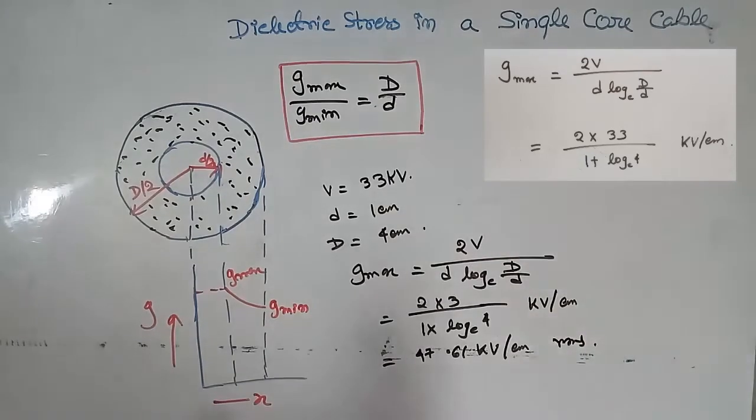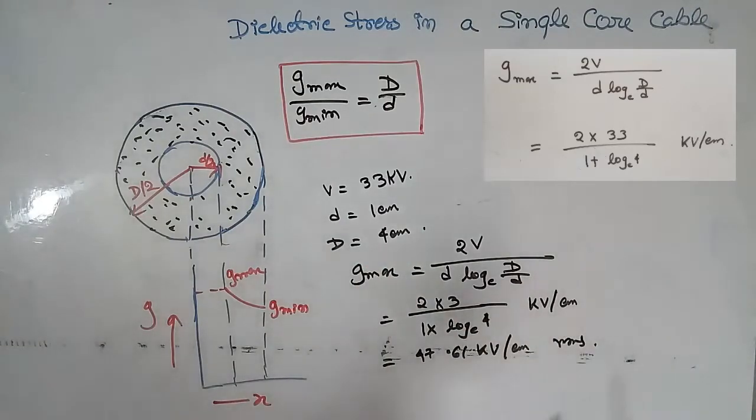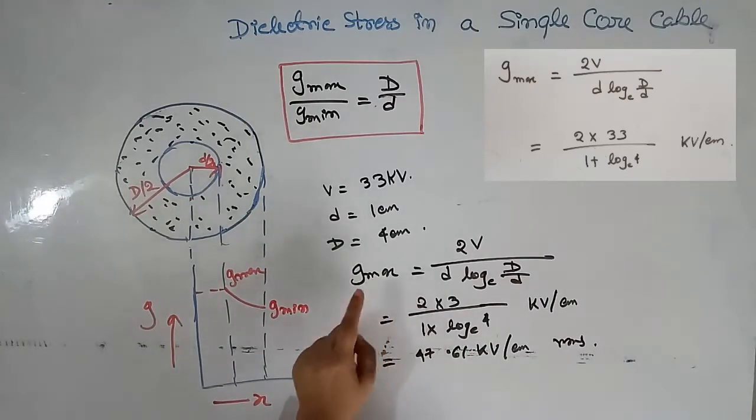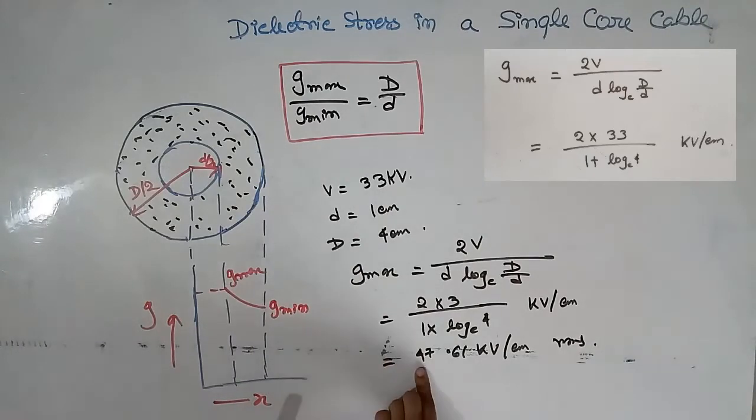Since V is in kV and d is in centimeter, the unit is kV per centimeter. So G max, the maximum stress, occurs at the conductor surface, and its value is 47.61 kV per centimeter.